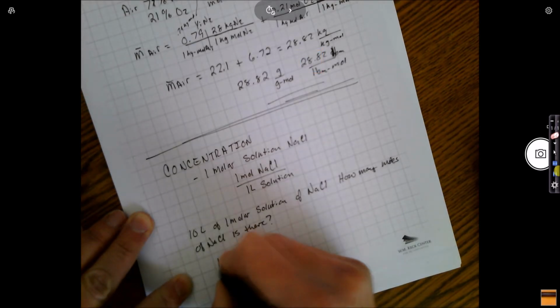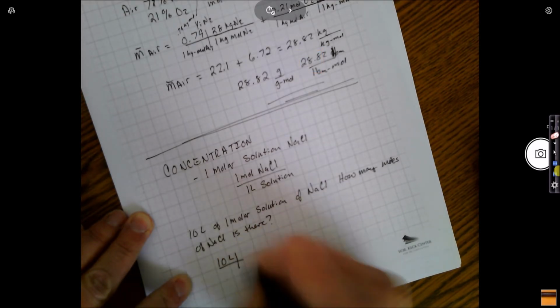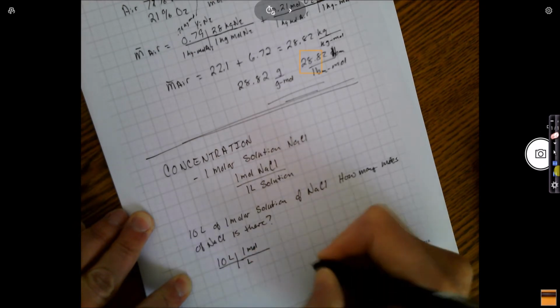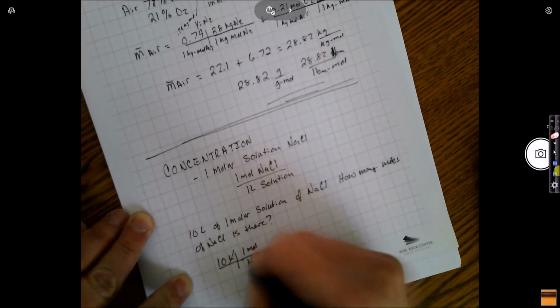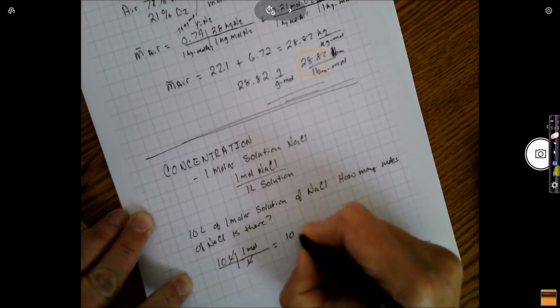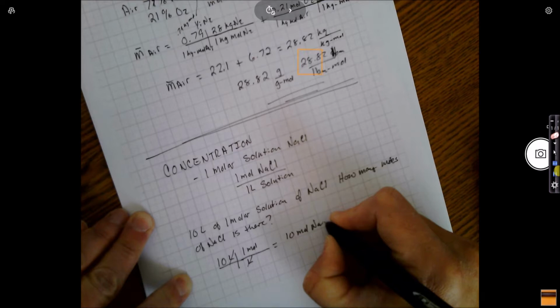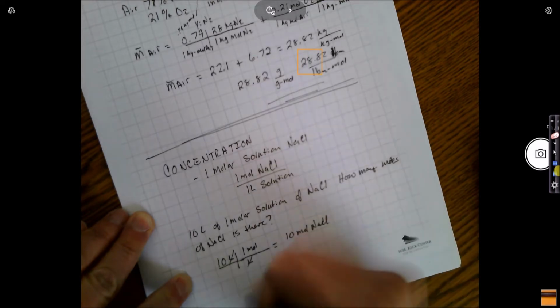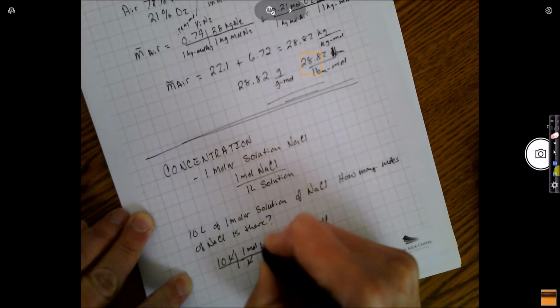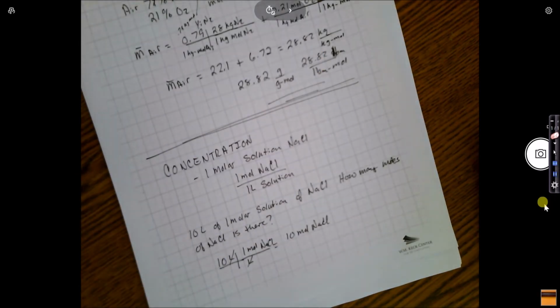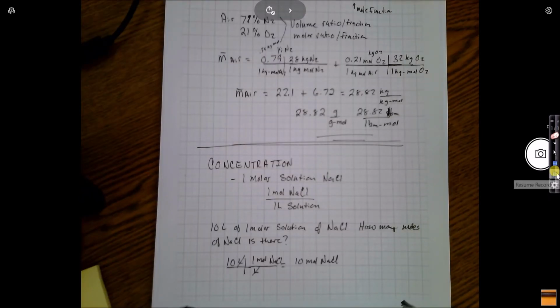We'd start off with 10 liters, and 1 molar means there is 1 mole per liter. So that just simply means there's 10 moles. And I probably should have put 1 mole of NaCl here for bookkeeping purposes. All right, sorry about that.